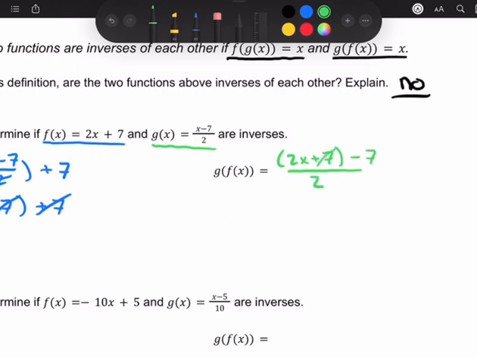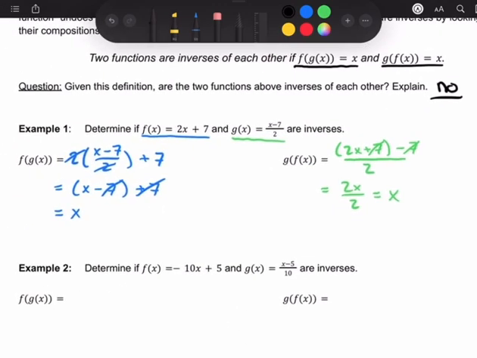As you can see, these 7s cancel out, leaving us with 2x over 2, which simplifies to x. Since both of our composite functions are equal to x, we can conclude that yes, these two functions, f of x and g of x, are inverses of each other.